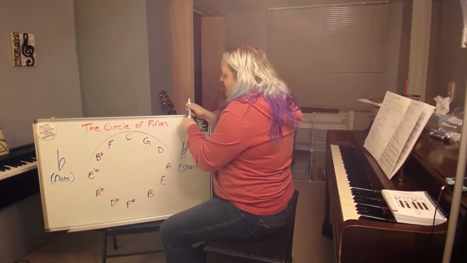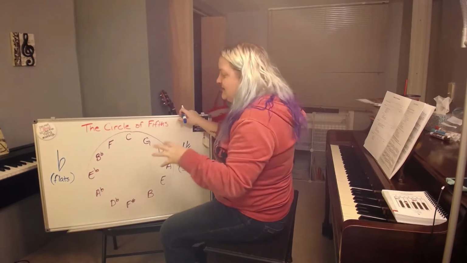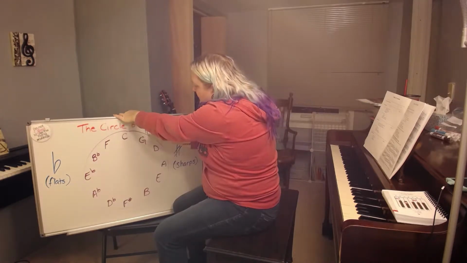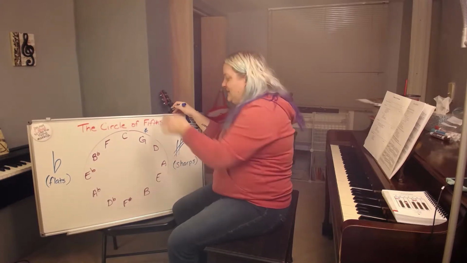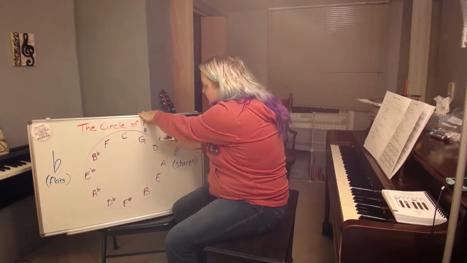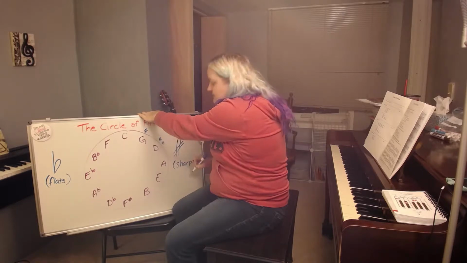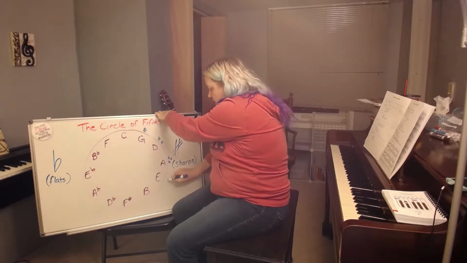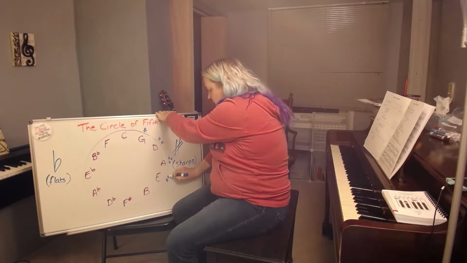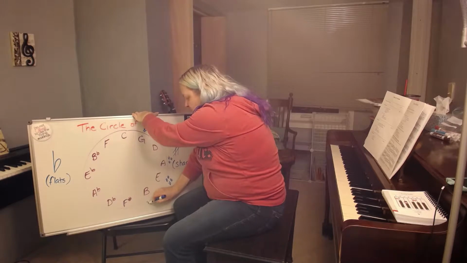The cool thing about the way this is laid out: there is one sharp in the key of G. There are 2 sharps in the key of D. There are 3 sharps in the key of A. There are 4 sharps in the key of E. There are 5 sharps in the key of B. That's a lot of sharps.